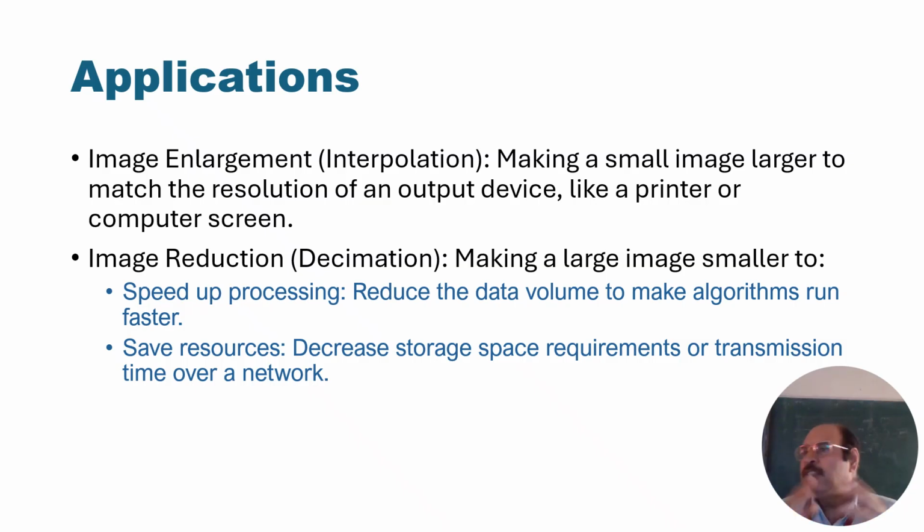The other type is called image reduction or decimation, where you are reducing the bigger image to a smaller size. In most of these cases, we'll be having some kind of applications, right? The first one is that it can save the storage. It can speed up the processing also. You wanted to change an image, you wanted to identify something.